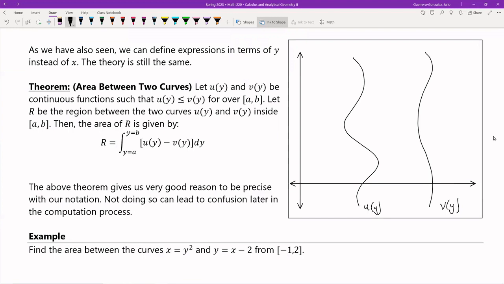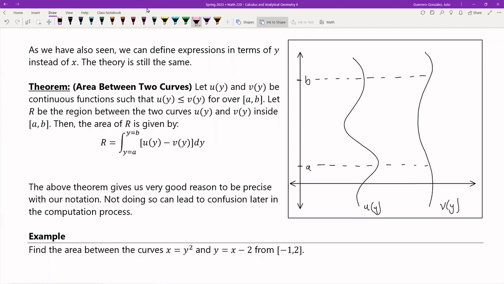Those are our two functions. They're basically going up and down instead of left and right. Then the region between the two curves, let's say I wanted them between an A and a B, so I want this area right here.